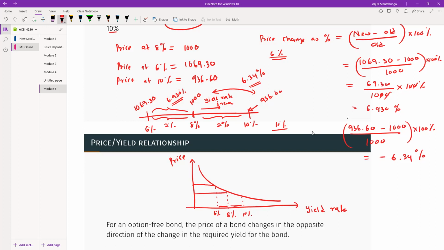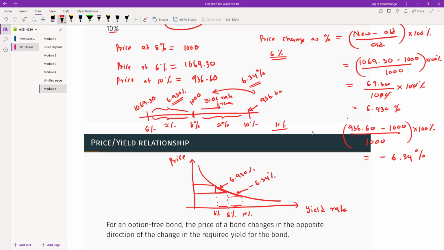So here you can see the slope from here to here is basically 6.930. And then here the slope is smaller than that. In here it's almost negative 6.34. Just forget about the negative sign, but you can see that absolute value wise, they are different values. So this is the relationship.